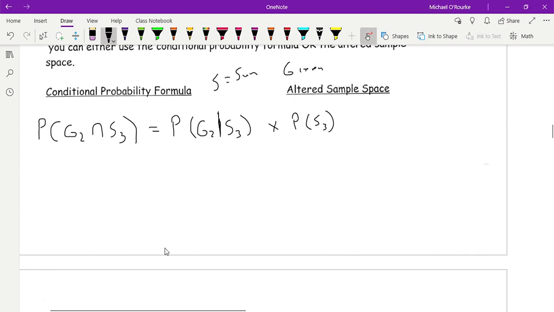It doesn't matter, we can do either one. So this is reading: what's the intersection of a green 2 with a sum of 3? The probability of the sum of 3 given that we have a green 2, times the probability of the sum of 3.